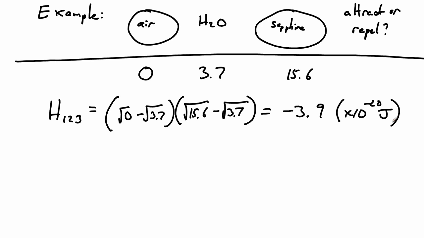So a negative Hamaker constant always equates to a repulsion. By the way, the experimental value for that is actually equal to negative 3.78. So it's actually a pretty good estimate.